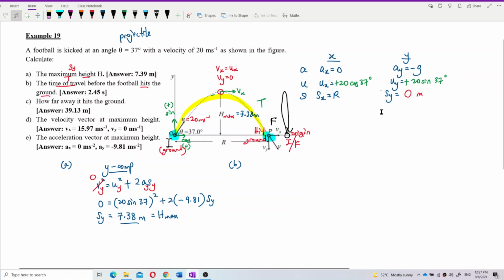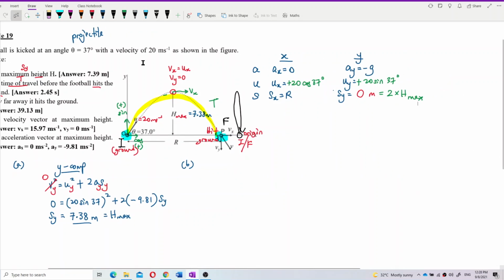Don't think it goes up and goes down, so 1 height plus 2 height, so sy is equal to 2 times the maximum height. Wrong concept. This is distance, but our concept here, sy, is displacement.